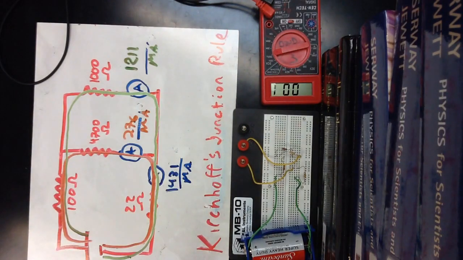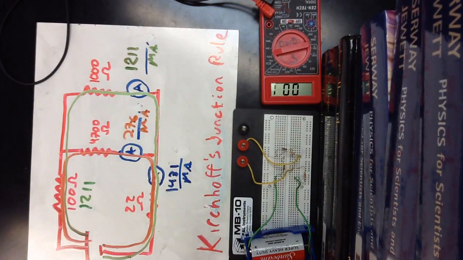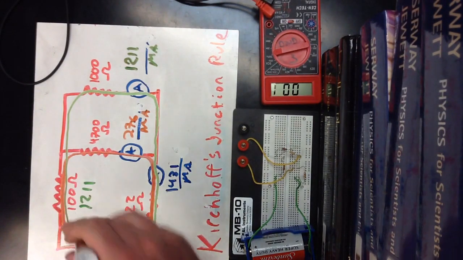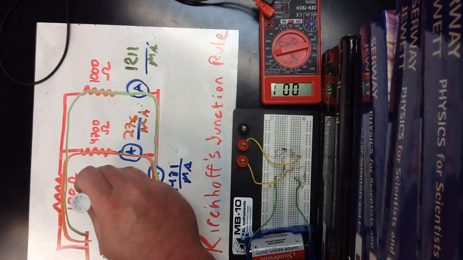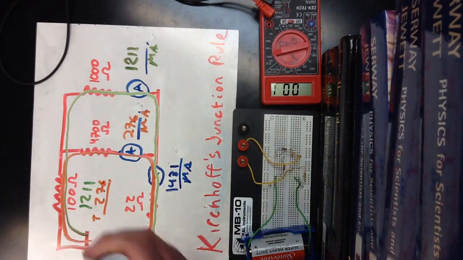So, if we look, there's a fairly clear relationship between these currents. If we simply add them together, 1211 and 276, we should get something very, very close.